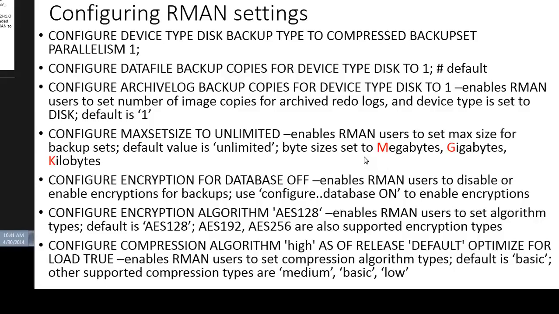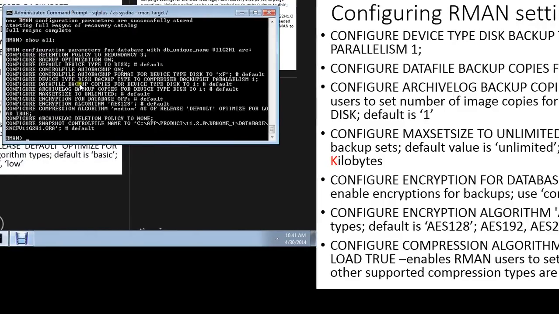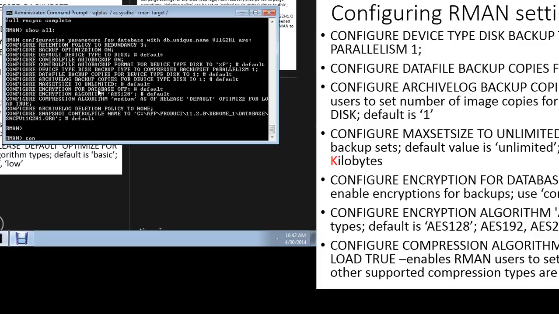And then next you have configure encryption for database. This is where you enable encryption for your backup sets. Here it says encryption for database off. If I want to turn this on, I'd say configure encryption for database on.